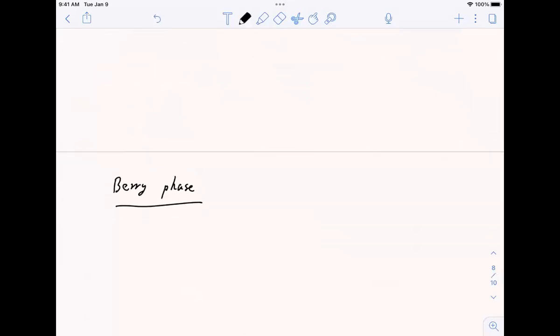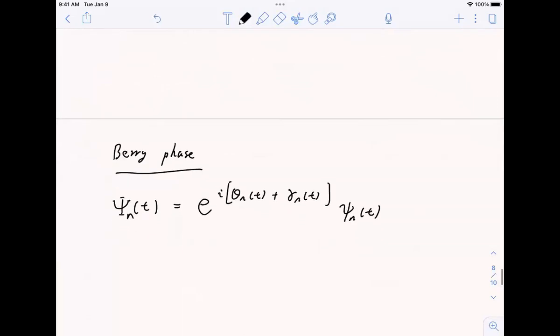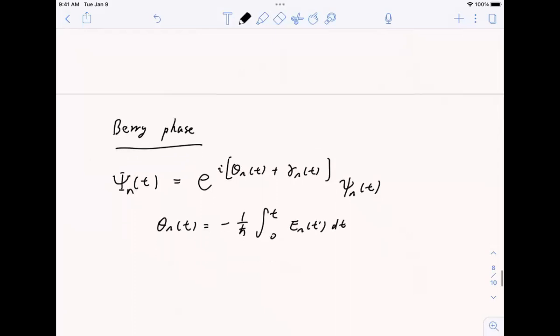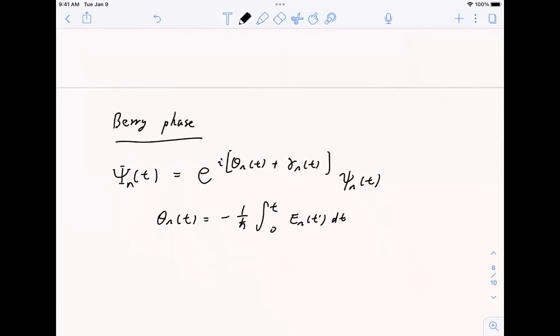Now we start with this wave function, which is what we got before, and there are two phase factors. This one is the dynamical phase.